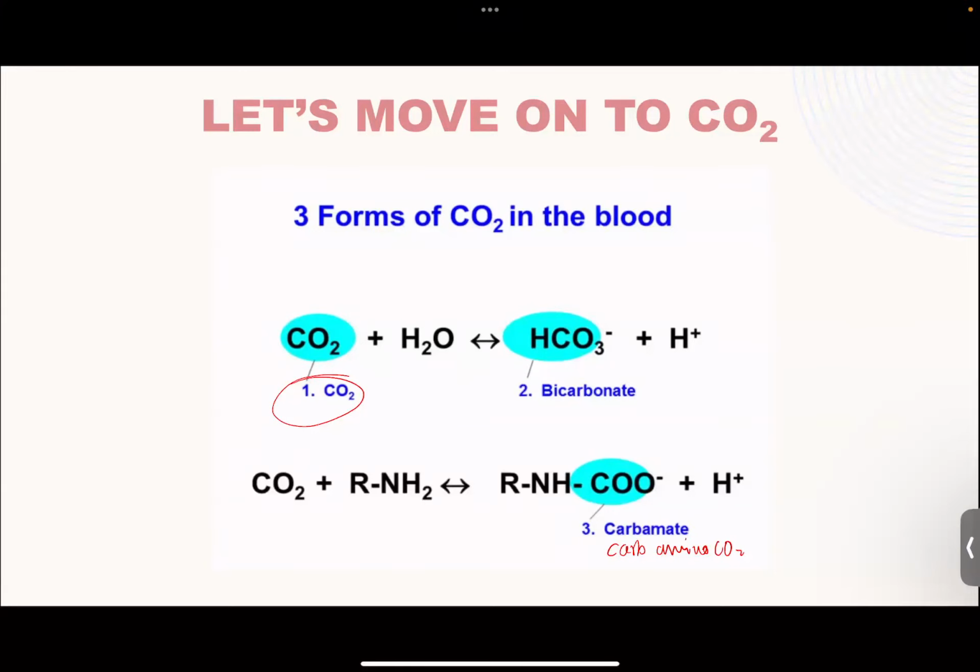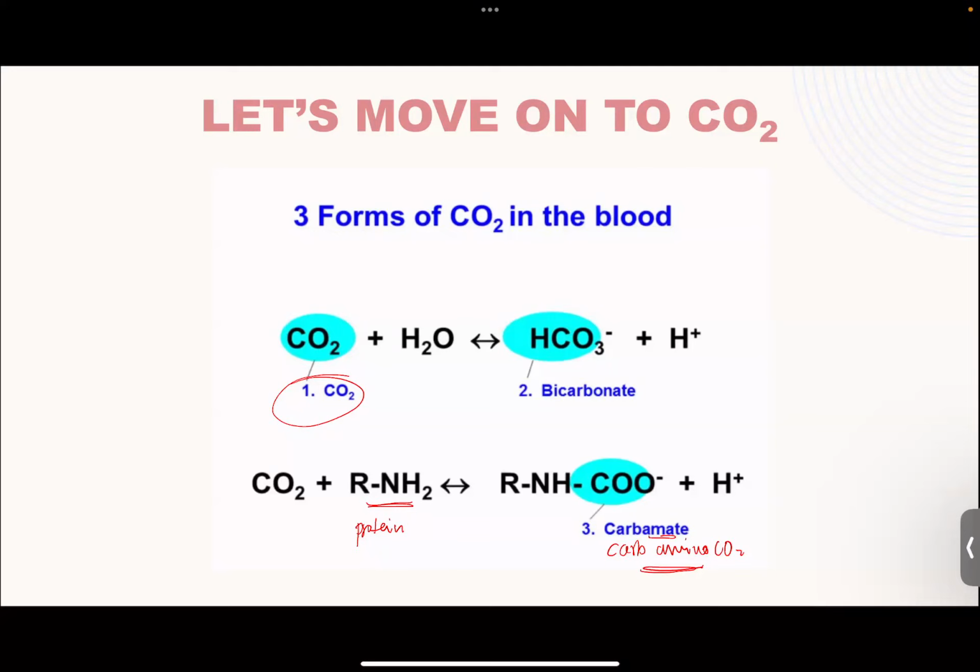What is bicarbonate? Whenever we have carbon dioxide in the body, it will react with water and form bicarbonate. And carbamate is basically CO2 directly going to any protein. What is the protein in our blood? Hemoglobin. Hemoglobin is a protein. So it'll just go and bind, and we call that carbamate or carb amino CO2.